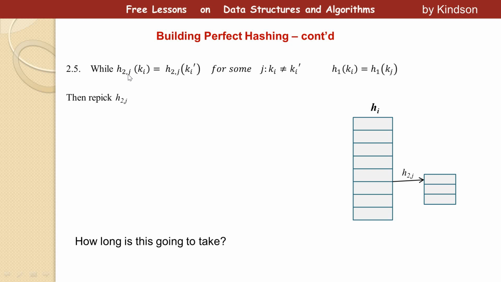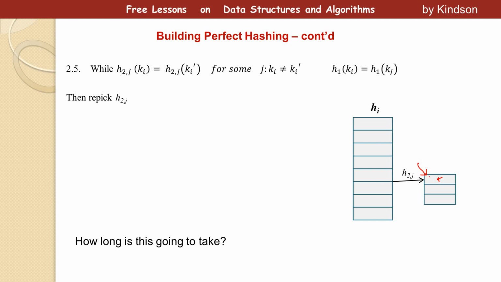While h2j of ki equals h2j of ki prime for some j where ki is not equal to ki prime, what we are saying here is, if in the second level there is a collision, if two items hashed from the first level hash into the same place in the second level, it means that they also hashed by h1 into the same place from the first level, right?